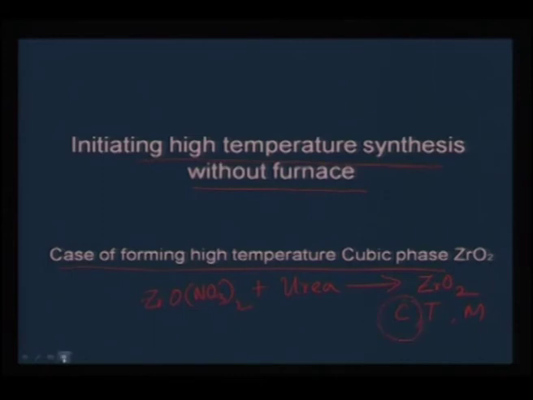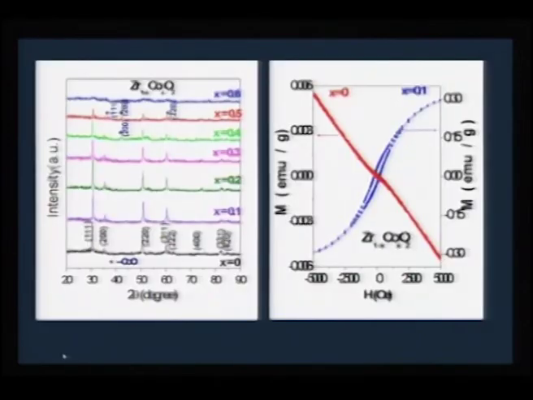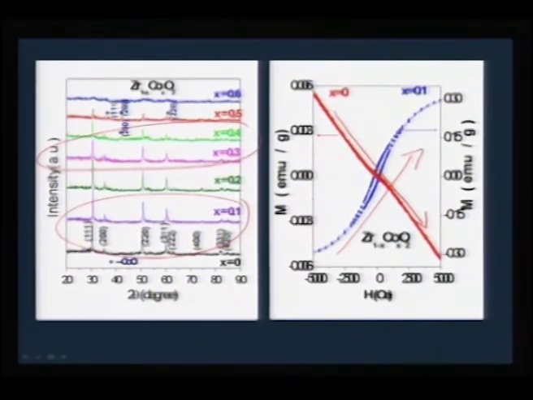So, microwave can be used to completely avoid furnace heating, and as you would see here very clearly, the cubic zirconia phase is formed, and you can even dope cobalt in this case up to 30-40% with convenience without any impurity phase. This is the typical magnetic curve for ZrO2, which shows a diamagnetic signal, whereas a 10% cobalt doped one shows a very clear hysteresis.